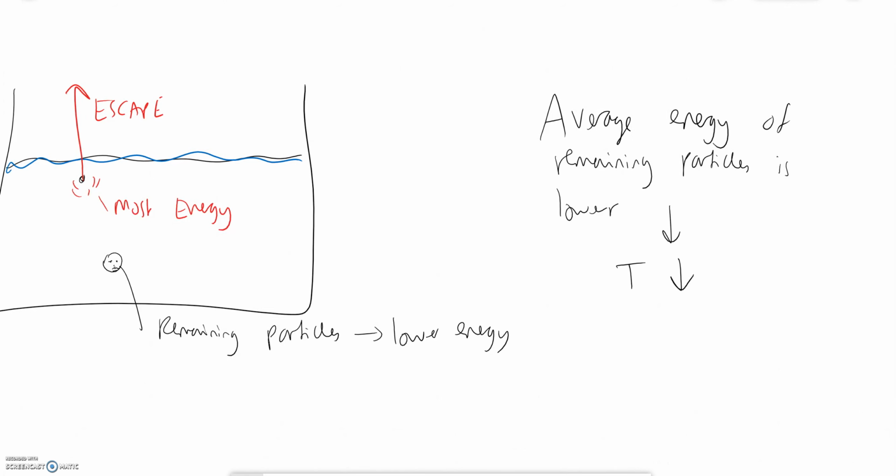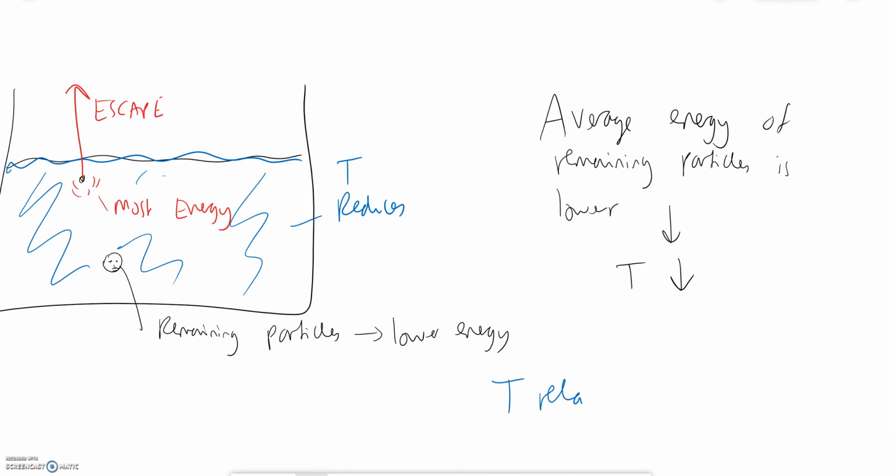So the temperature of this water here, the one left behind, reduces because the highest energy ones, remember those are the warmest ones. Remember the temperature is related to how fast the molecules move, or how much energy they have. So, just to recap, the temperature is related to how much energy the particles have.